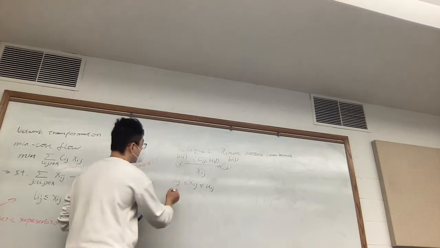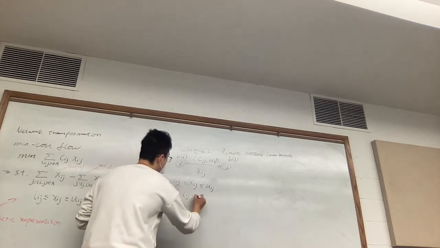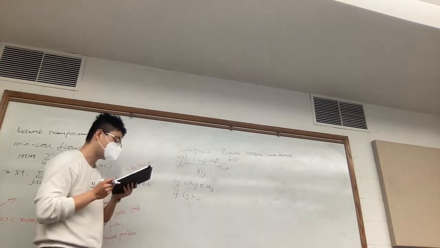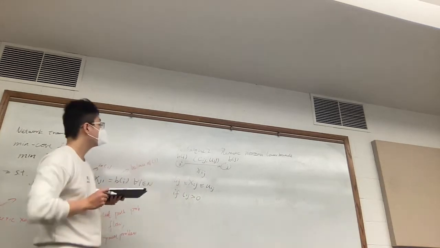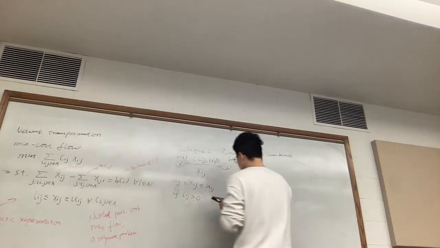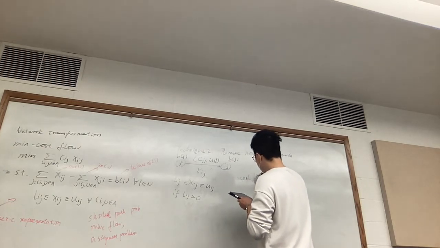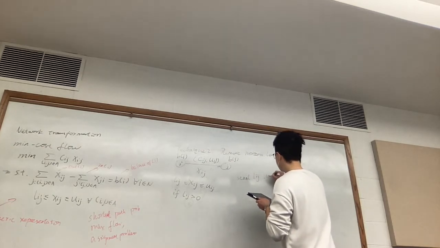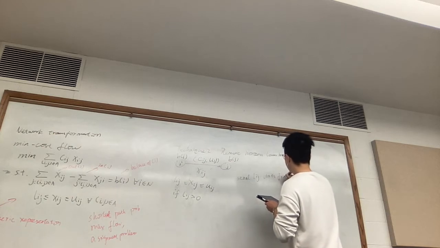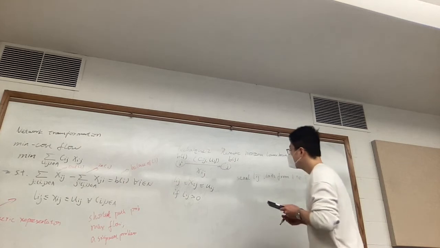And now, if Lij is strictly greater than 0, then in this technique, what we do is that we send Lij units from I to J. Then what will happen?